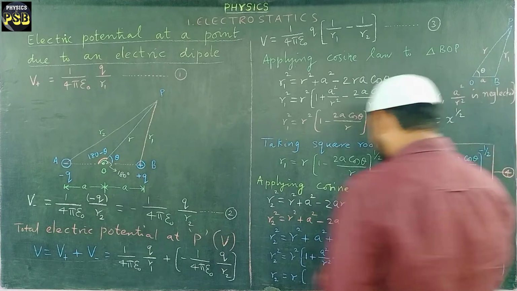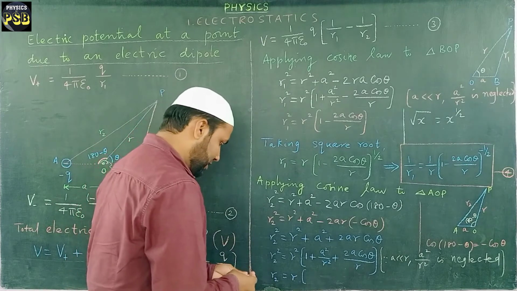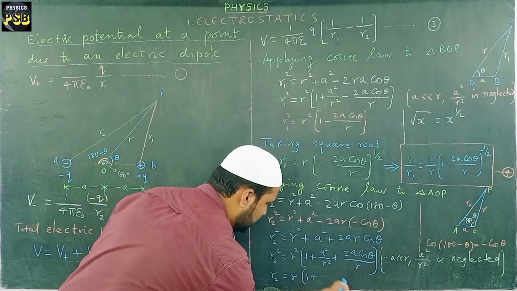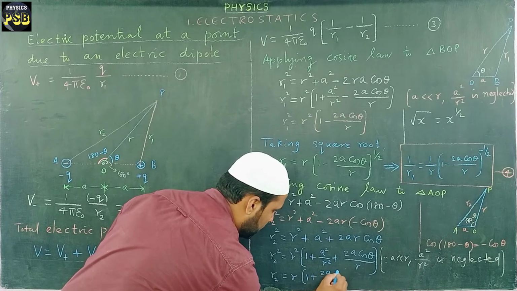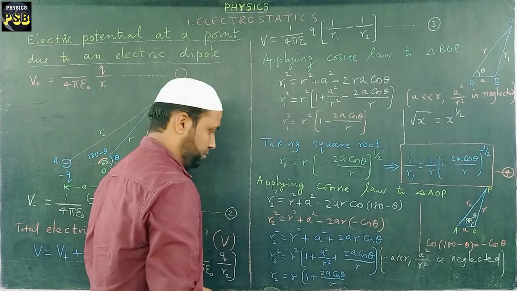If I neglect that and take the square root, what do I get? I get 1 plus 2a cos theta upon r.